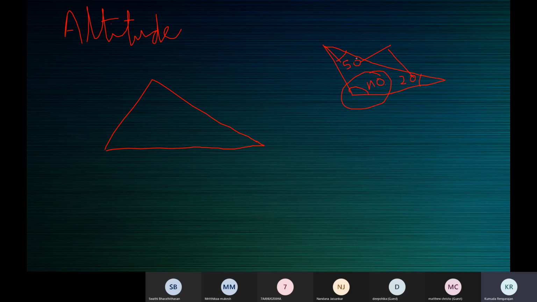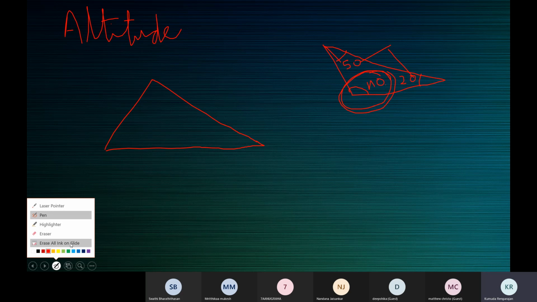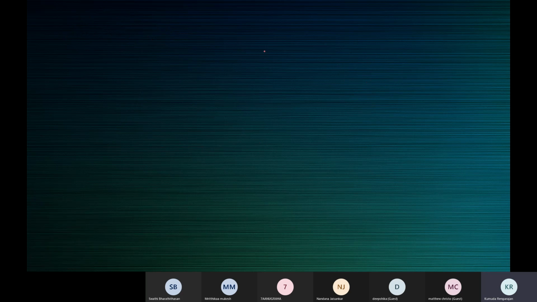So even if there are two angles which are acute, since this angle is an obtuse angle, the triangle is called an obtuse angled triangle. I'm not saying anything new. All of you were right.